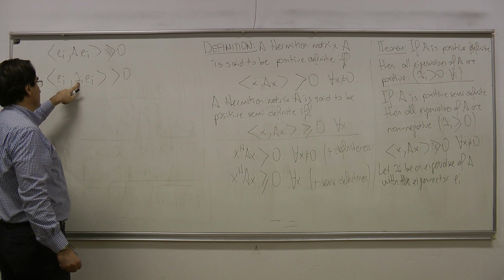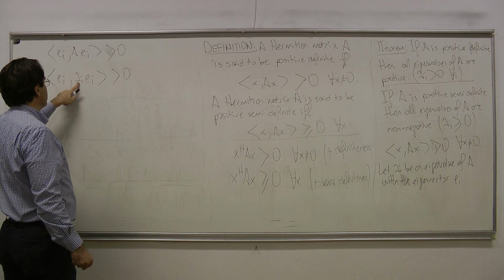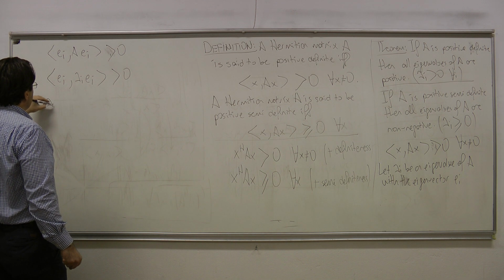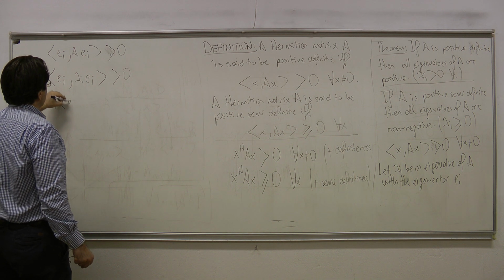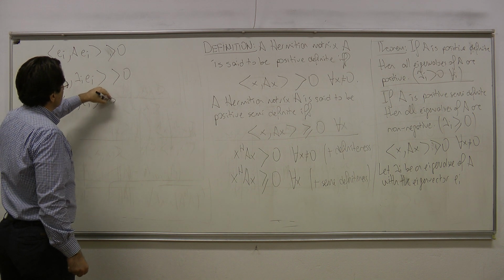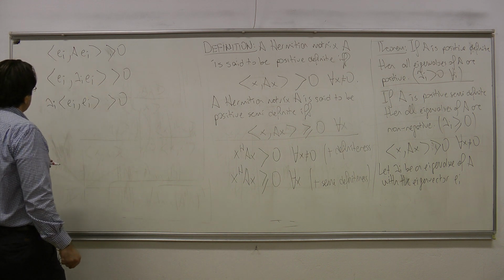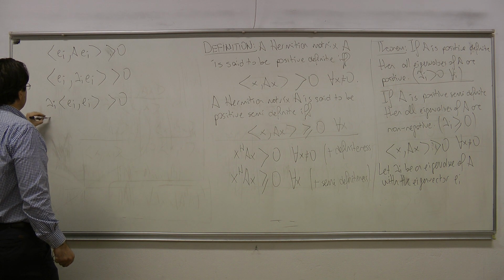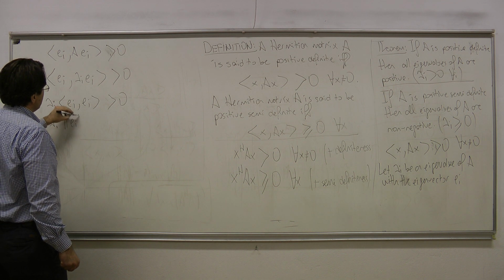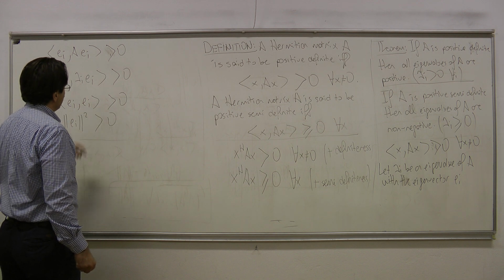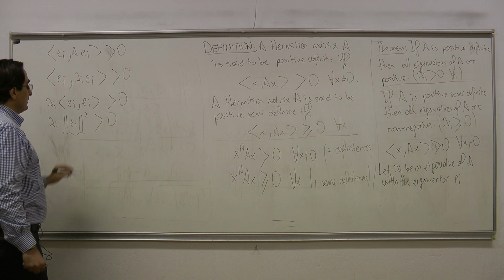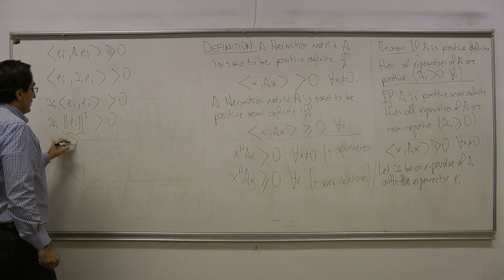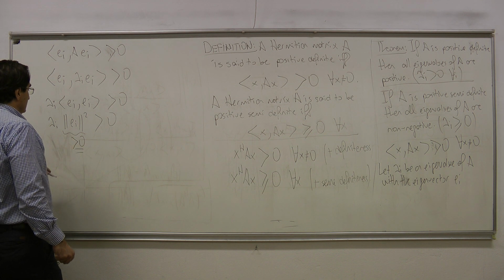That means that the conjugate of lambda_i is equal to lambda_i itself. So I can take it outside as it is. Lambda_i times the inner product of e_i with e_i should be positive. And this is lambda_i times the norm of e_i squared. This should be positive. e_i is a non-zero vector, therefore this norm is always positive.